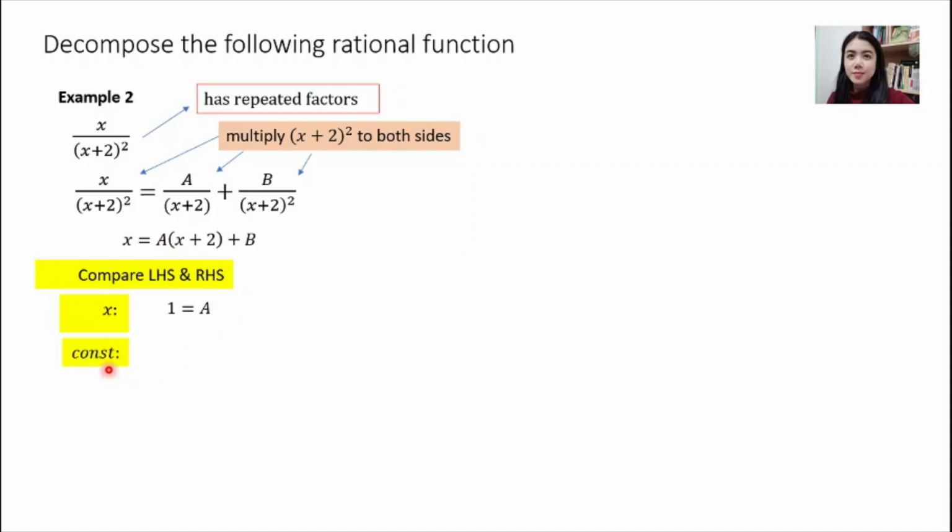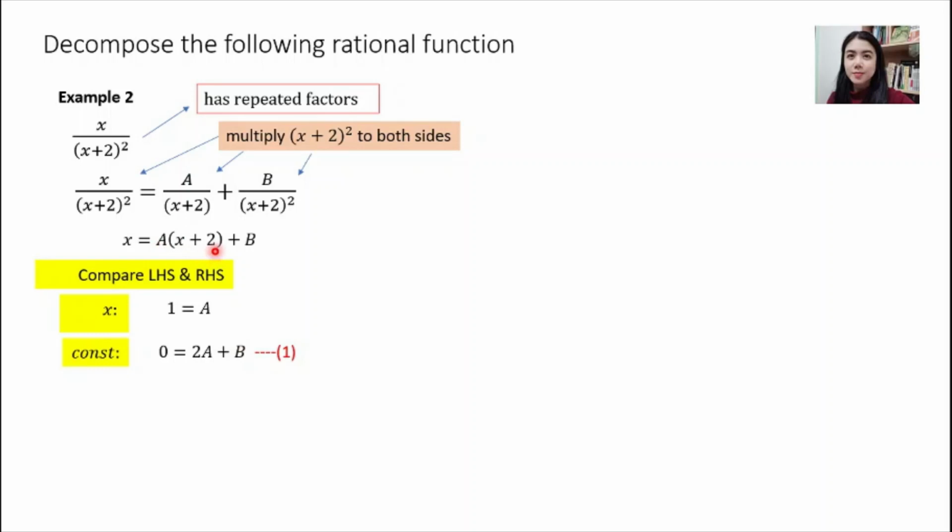Then we follow with the constant. For the left hand side, we do not have a constant, we do not have numbers. So this means that you have 0. For the right hand side, you can expand this. This gives you 2a, and the constant is b.